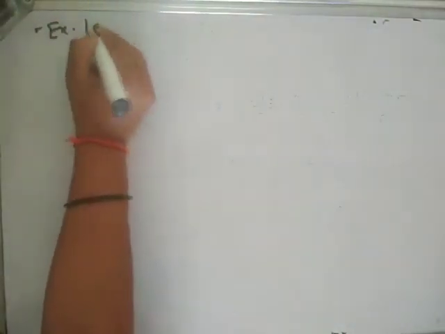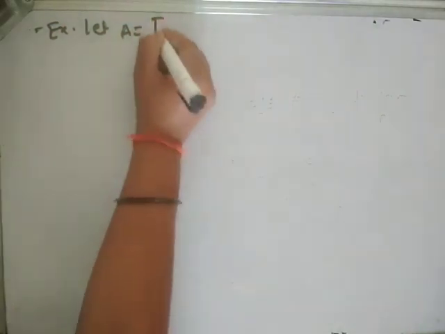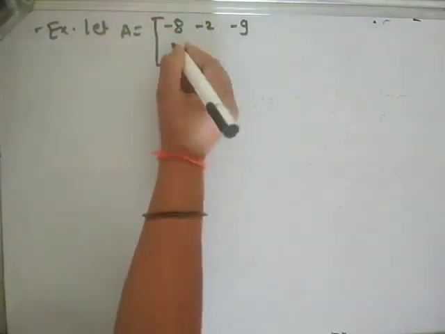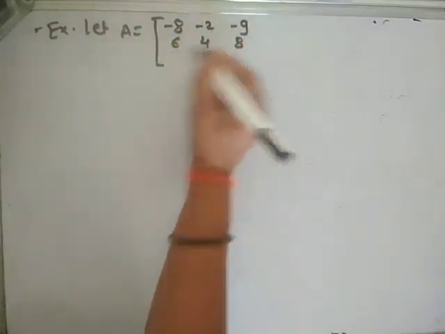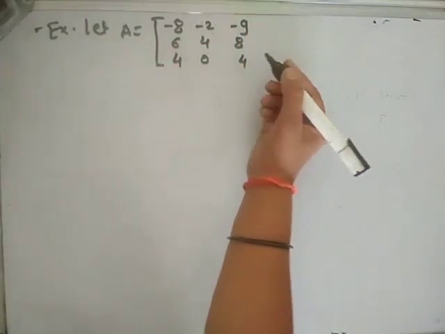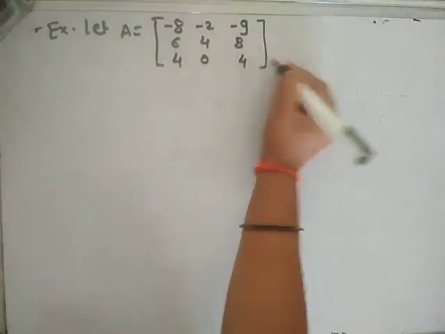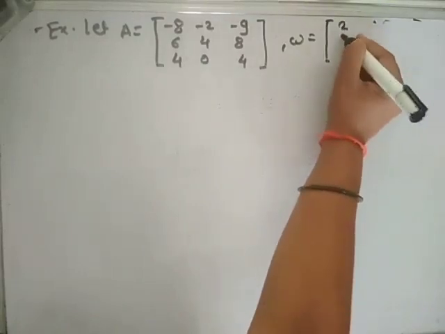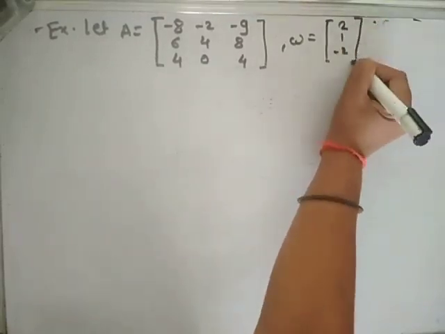Let us take the next example. Let A be the matrix with entries minus 8, minus 2, minus 9, 6, 4, 8, 4, 0, 4, and W is the vector 2, 1, minus 2.